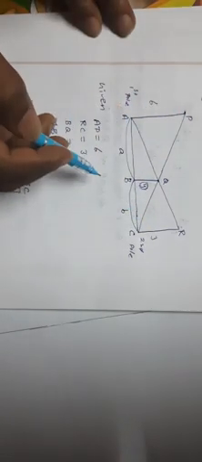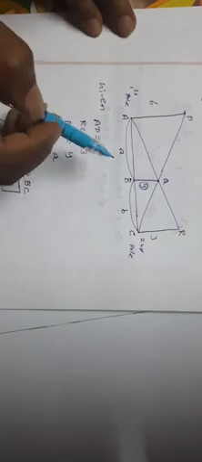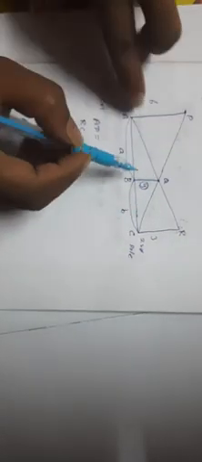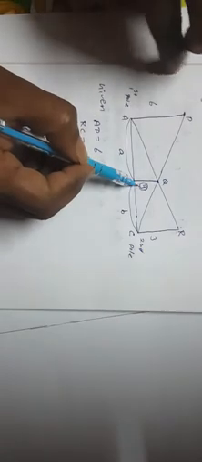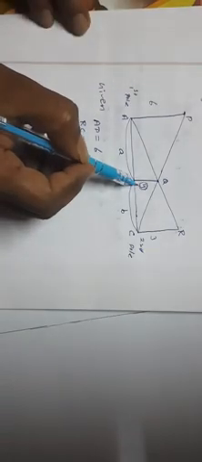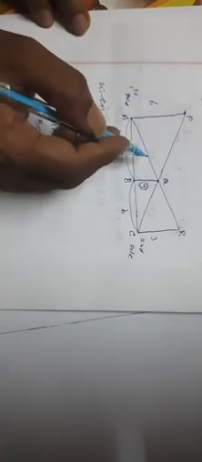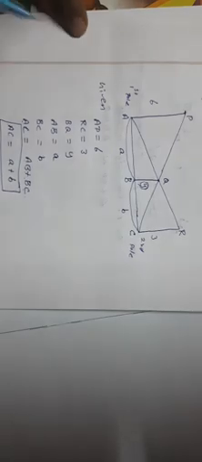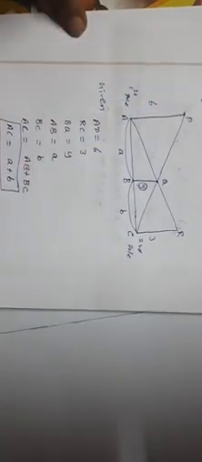Here two poles are there. First you want to prove the triangles are similar, and then next you want to find the value of y. So first I take the first pole.